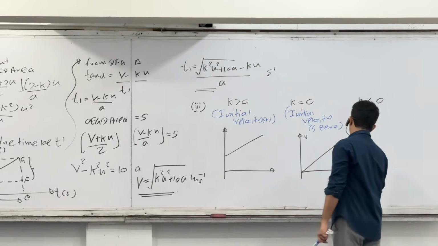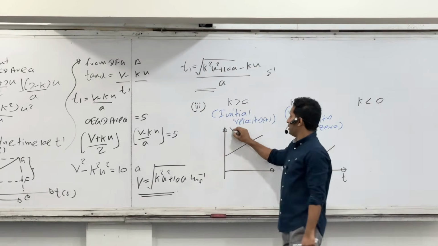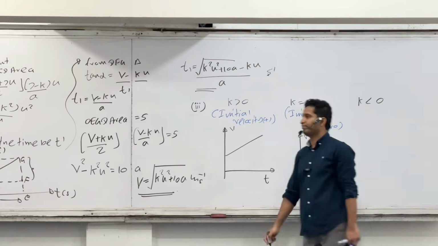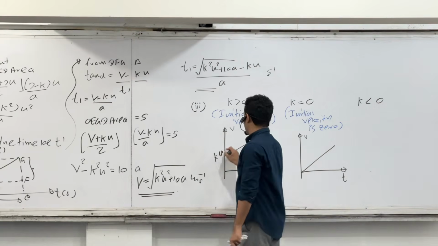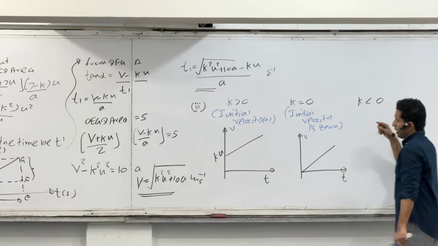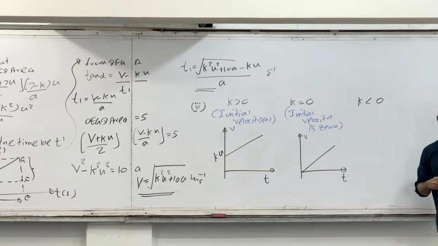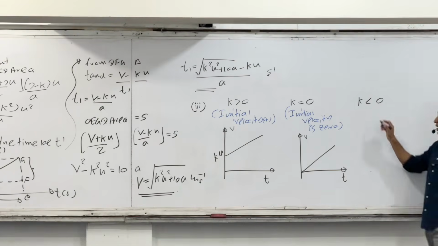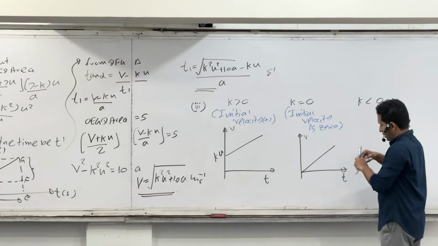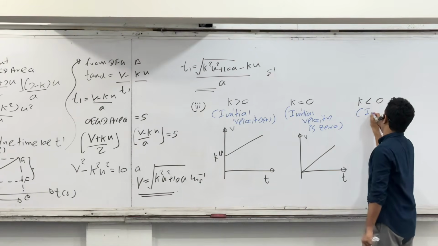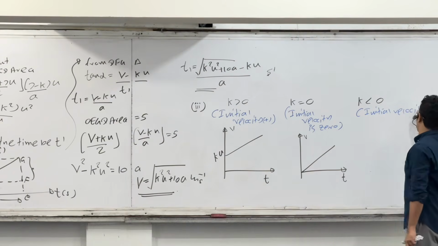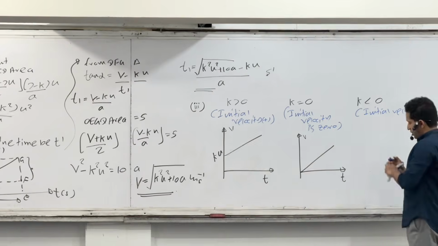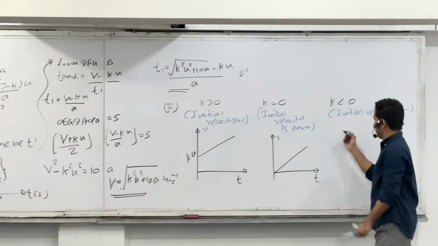This is V and this is T. What will happen when k is less than 0? The initial velocity is negative, initial velocity minus.